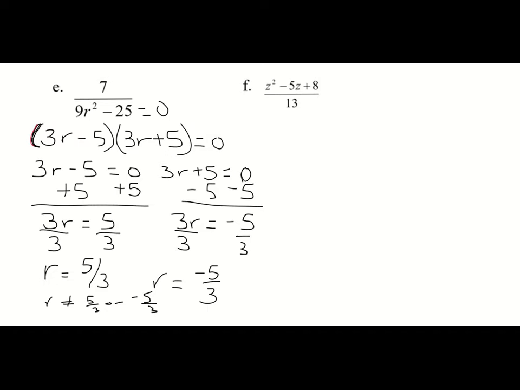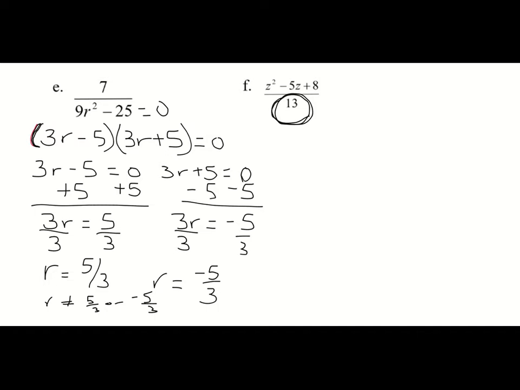Now for f, again, we're only concerned with the denominator. And my denominator here is nice because it is only 13. There's no variable in there. So there's nothing there. 13 is a constant term. There's no variable there to change the 13. So for this one, it doesn't matter what I plug in for z on the top because I can get any number on the top.